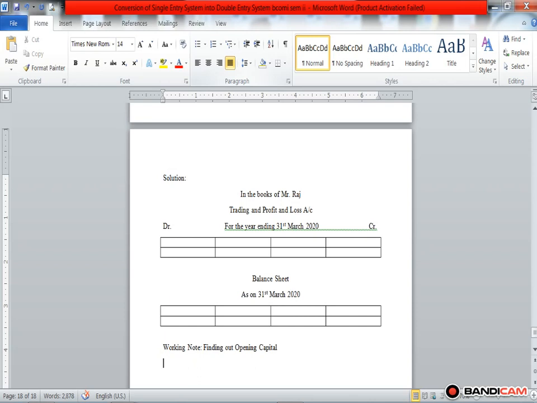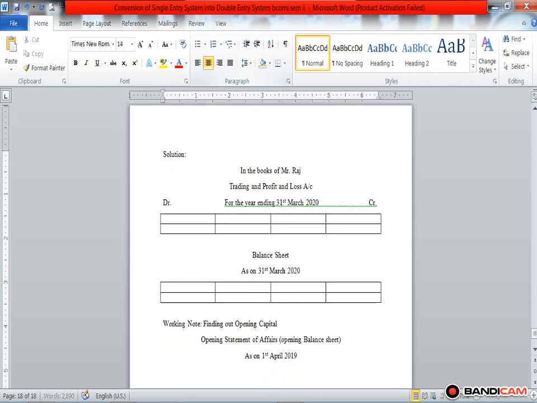We need to prepare an opening statement of affairs, that is called the opening balance sheet, as on 1st April 2019.